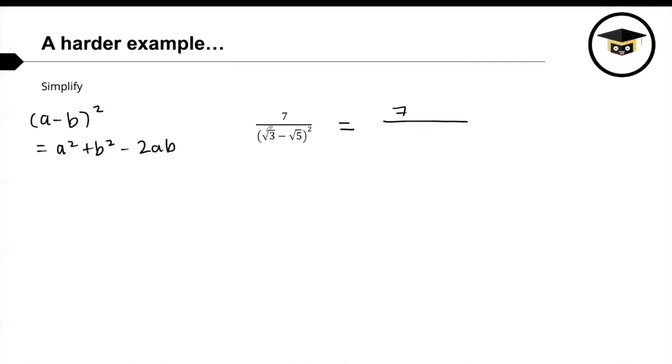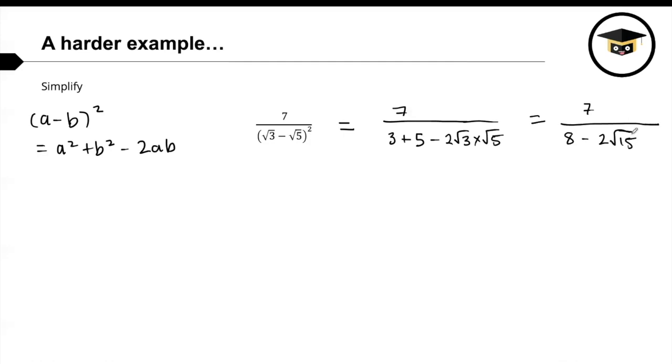So following that, we can say root 3 squared is just 3, root 5 squared is just 5, and then we're minusing 2 root 3 times root 5, which simplifies to be 7 over 3 plus 5 is 8, and 8 minus 2 root 15.